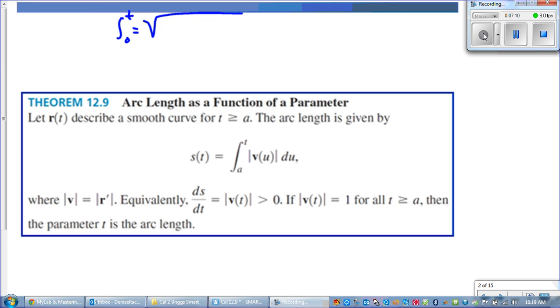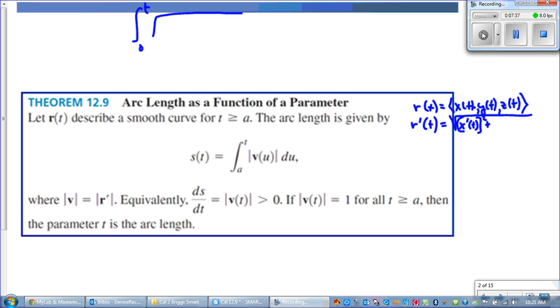So let's say that if r of t is equal to x of t, y of t, z of t, then the magnitude of r prime of t is the square root of x prime squared plus y prime squared plus z prime squared.